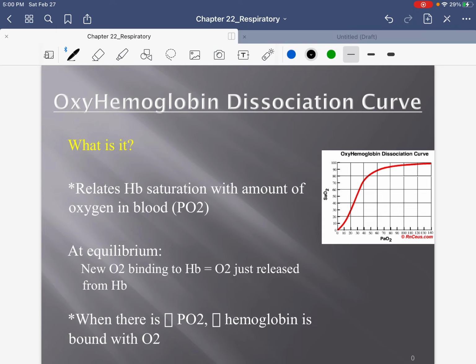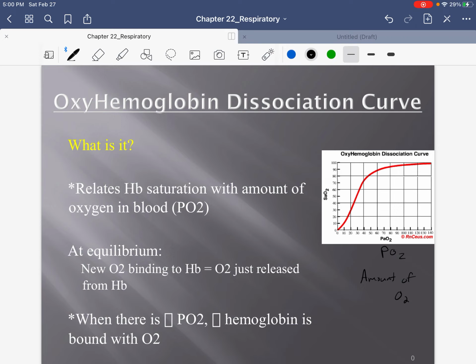So I'm going to walk you through this in steps that I believe would be the easiest way to understand this. So let's first talk about, well, what is this curve? Well, on the x-axis, we have the partial pressure of oxygen. Another way of saying that on the x-axis is really the amount of oxygen. The amount of oxygen dictates its partial pressure.